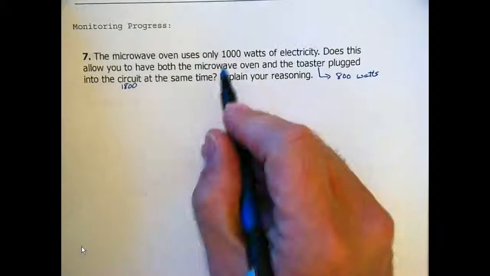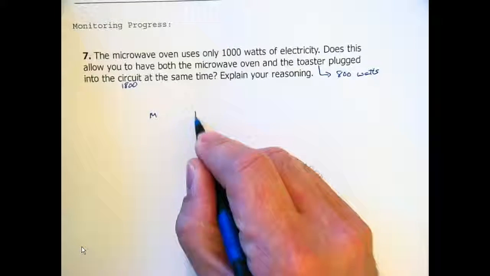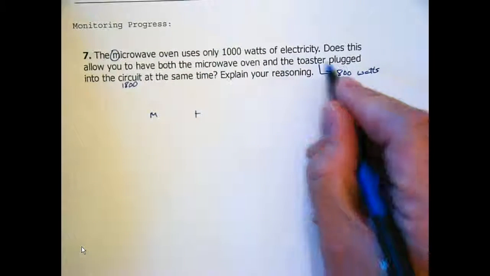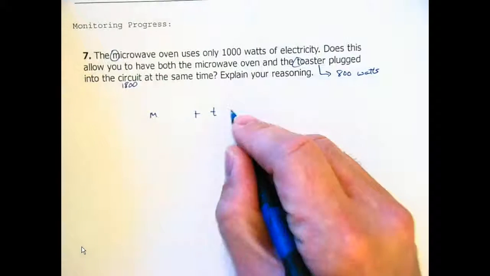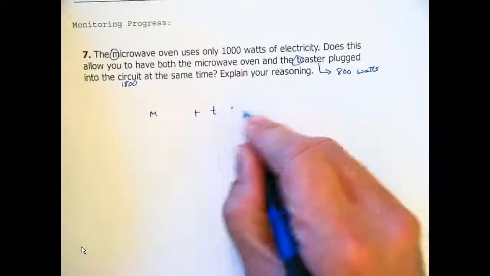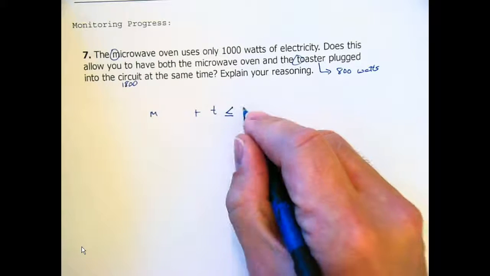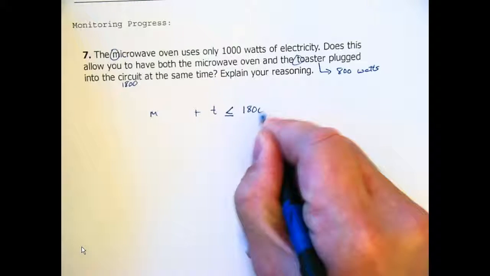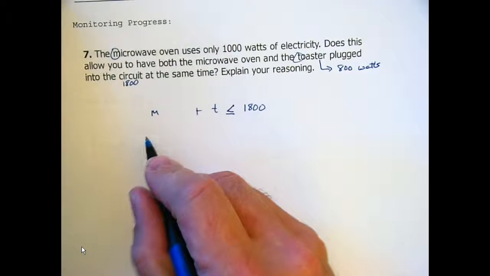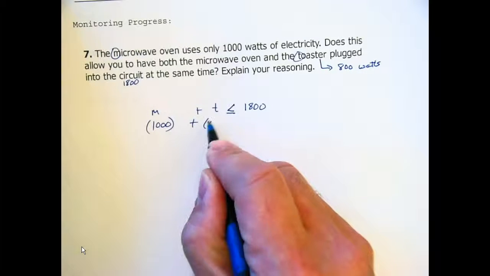If that's the case, we know that the microwave, which we're calling M, plus our toaster, which we're calling T, has to be less than or equal to 1,800. This is 1,000. This is 800.